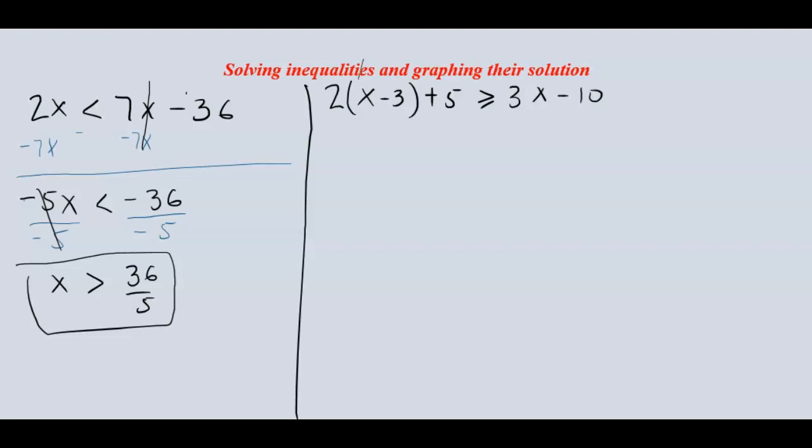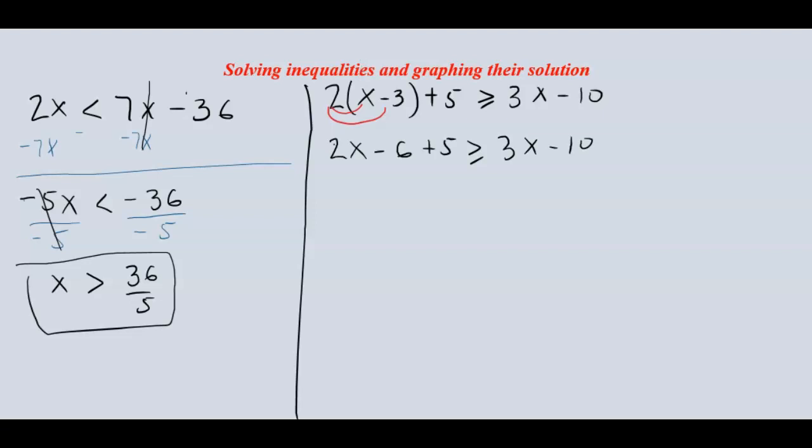So we take 2 times x, which is 2x, and 2 times negative 3 is negative 6, plus 5, greater than or equal to 3x minus 10.